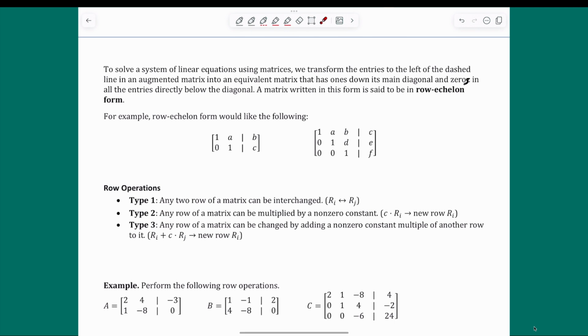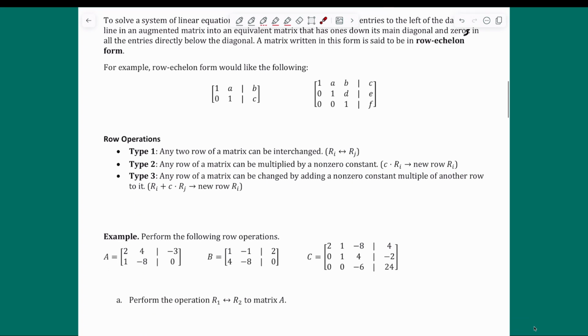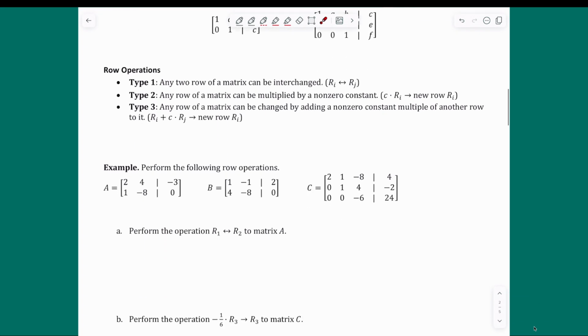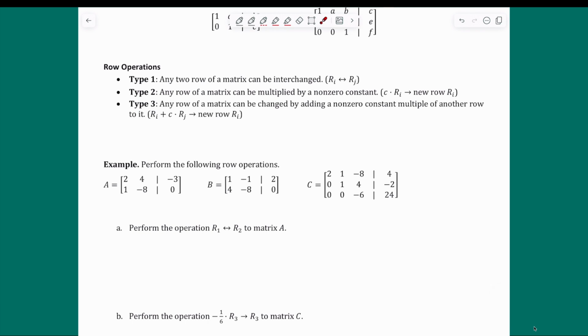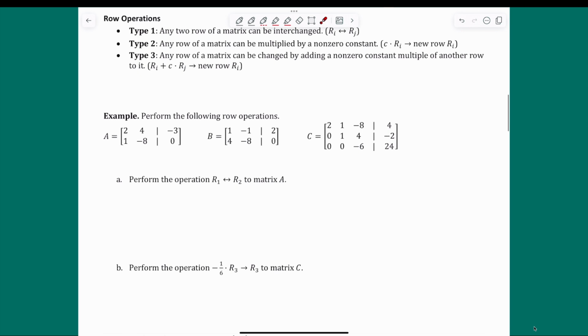This should be very similar to when you solve a system of equations using elimination, and we're just not using the variables essentially. So here we have three matrices. In this example, perform the following row operations. We have matrix A, matrix B, and matrix C. We're actually performing the operation R1 swaps with R2 on matrix A, so we have the matrix 2, 4, negative 3, 1, negative 8, 0.